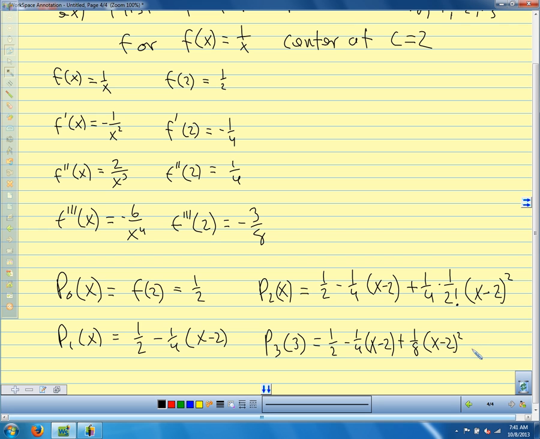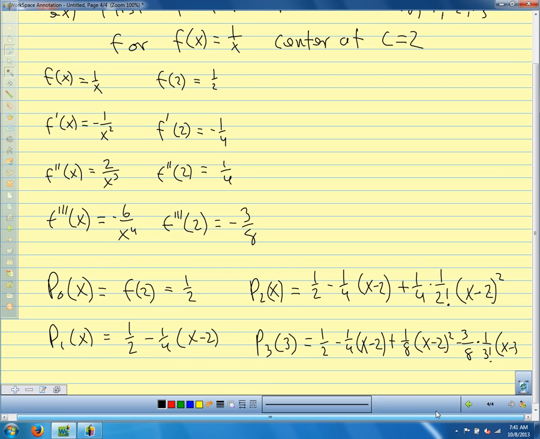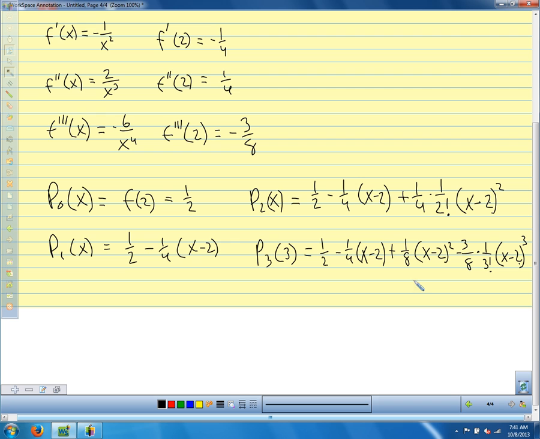And then my last term is minus 3/8 times 1 over 3 factorial times x minus 2, I was thinking of the exponent, to the third. So there are my first 4 Taylor polynomials. For x near 2, this would be a pretty good approximation of 1 over x at that number.